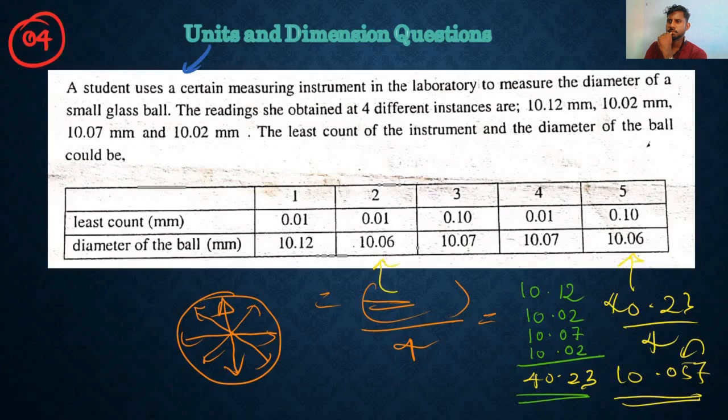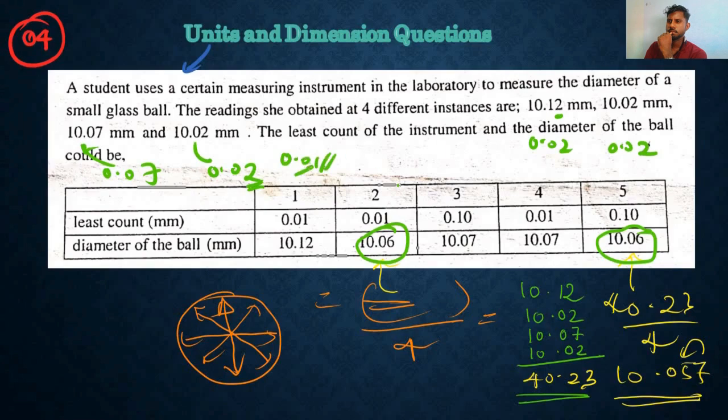We have two answers, 10.06 and 10.06. And they're asking us to find the least count. So the least reading they have taken is 0.02 here, and here it's 0.07, and this one 0.02. So what I can conclude is they can measure 0.01 as well.